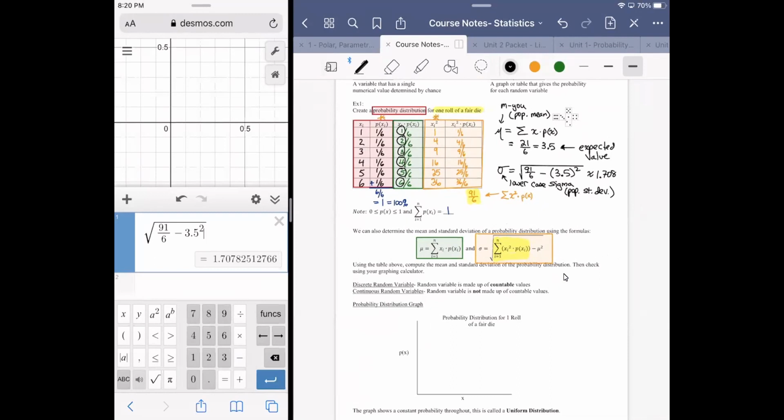So we're going to talk about larger data sets, but before we do that, I just wanted to draw your attention to these two terms here: discrete random variable and continuous random variable. Discrete random variables are made up of countable values, and continuous ones are not.